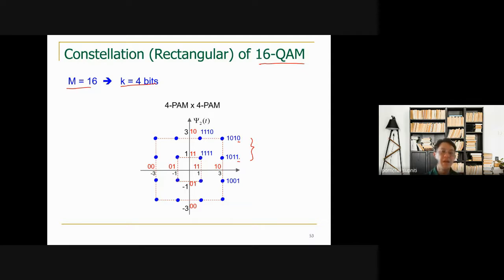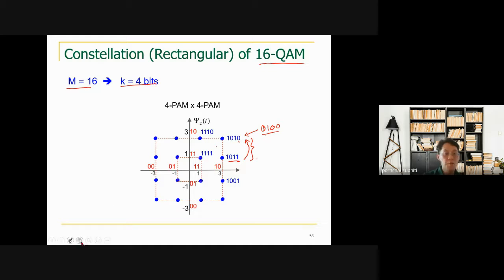So if there are any errors, only one bit is in error. If you assigned 0, 1, 0, 0, for example, and made a wrong decision from this symbol to these symbols, all 4 bits would be wrong. That's all, very simple.